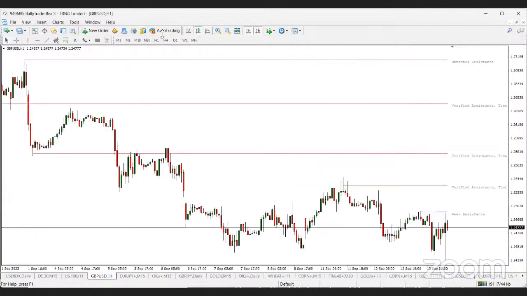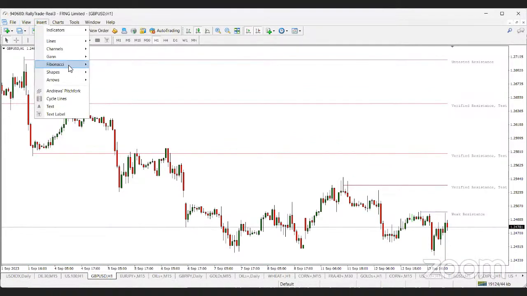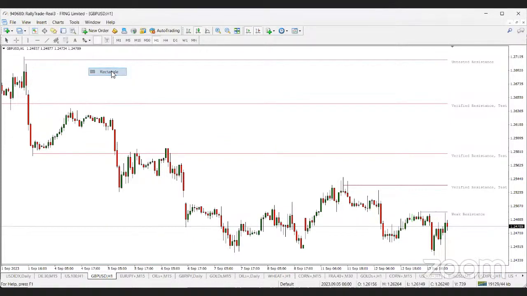So let's go to 1 hour. This is the current resistance that GBP USD is at. Entering the current US session, where you can see that GBP USD is around the resistance, somewhere like this is where I'm going to look out for a sell on GBP USD.